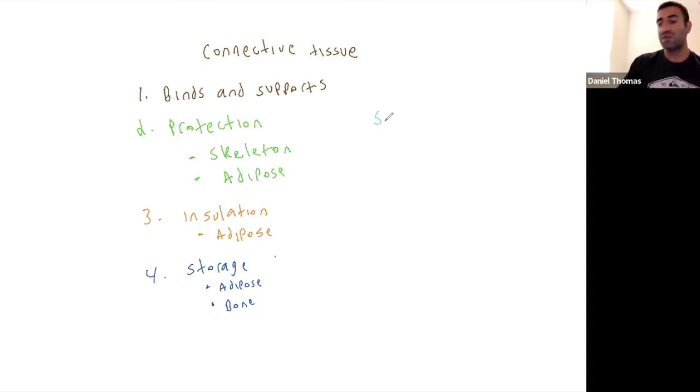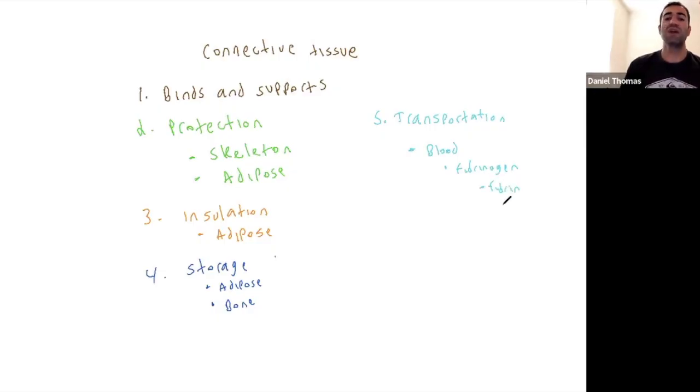And last one is going to be transportation. Now you're probably saying, transportation, what kind of connective tissue transports? The answer to that is blood. Blood is considered a connective tissue. And that's because blood has a compound in it called fibrinogen, which does nothing until it converts to fibrin.